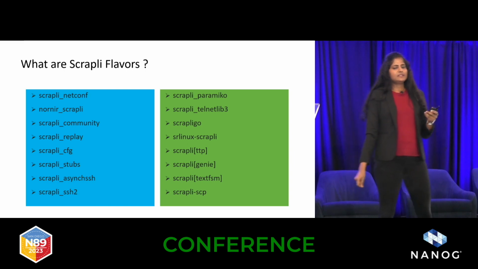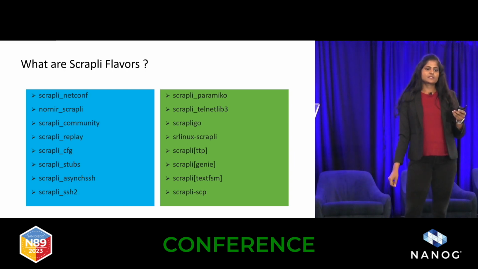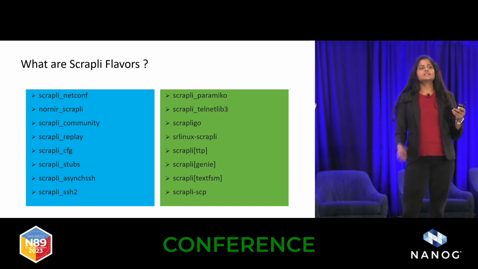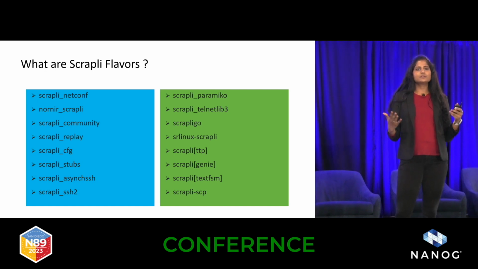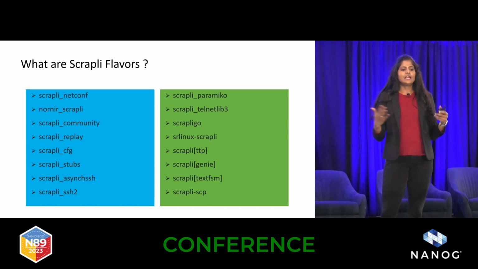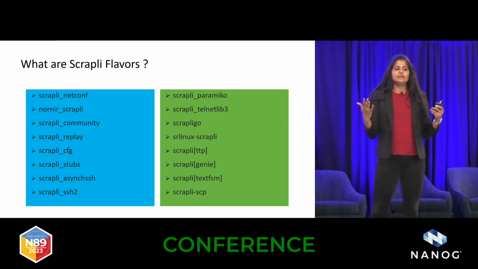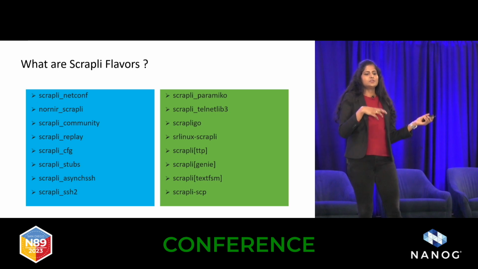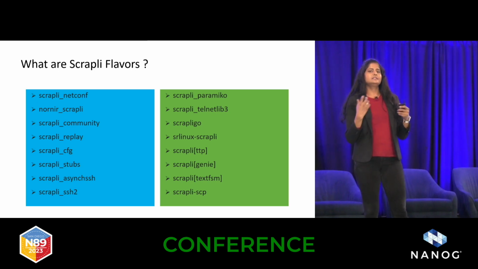So these are all the different Scrapli flavors we have. That is Scrapli-Netconf, which allows you to connect to the network devices through the Netconf protocol. And we have Nornir-Scrapli, where you're basically using the Nornir framework with Scrapli.